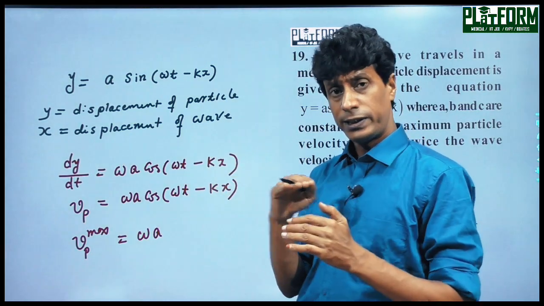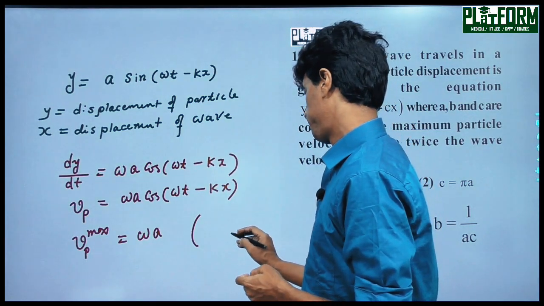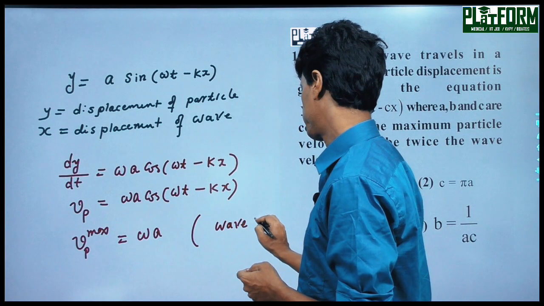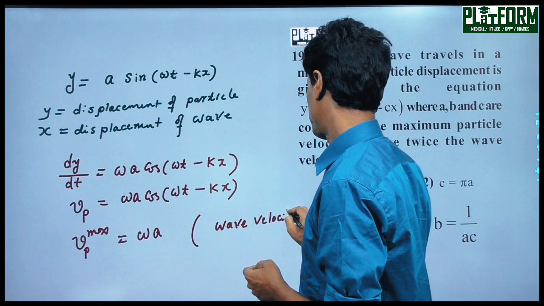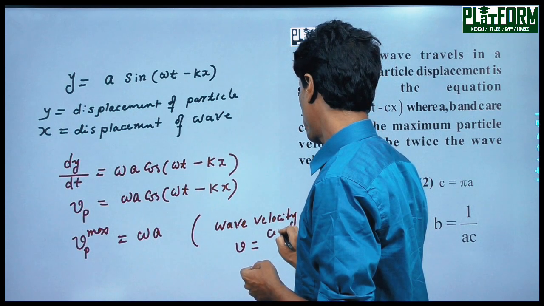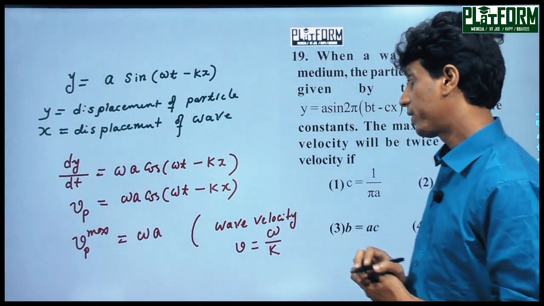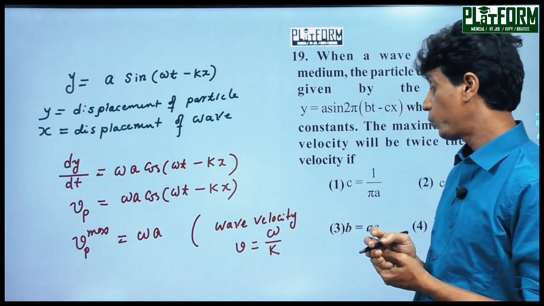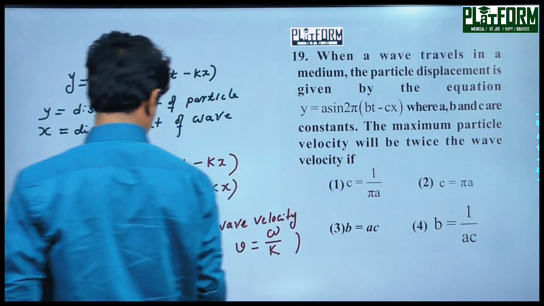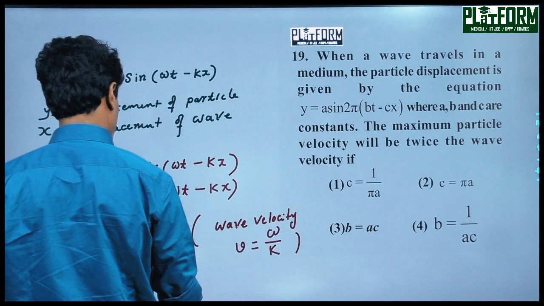Since this particle is oscillating at the path of wave, we know wave velocity V is equal to omega by k. Omega is the angular frequency and k is the wave number. So we can write the angular frequency omega is equal to kV, into a.